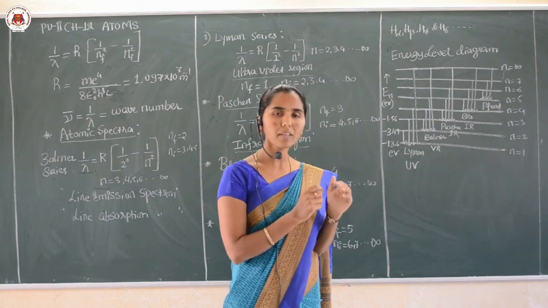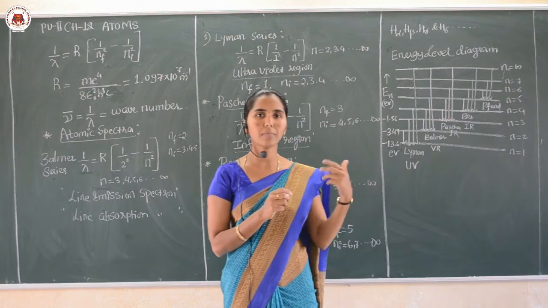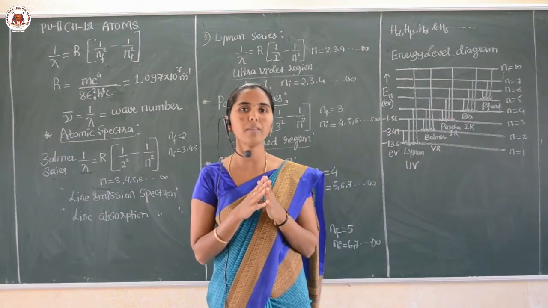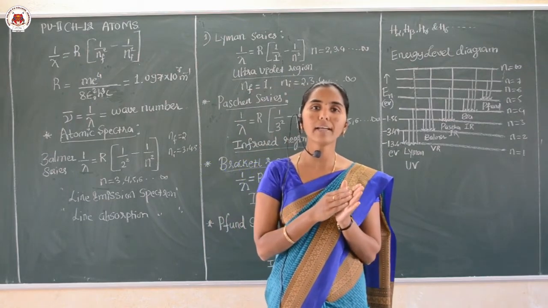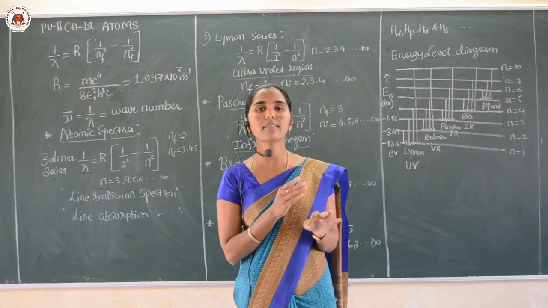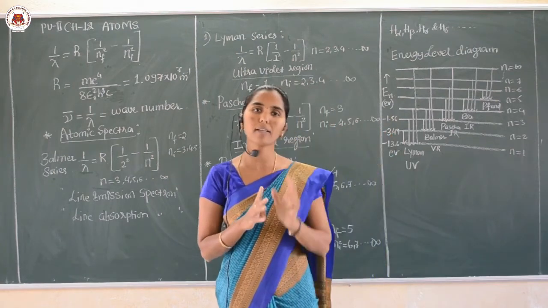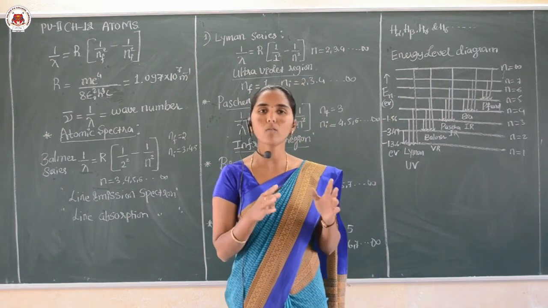for the respective orbit. Am I clear? And see dear student, sometimes on this concept a numerical question may come, where the question may be to calculate the longest frequency and the shortest frequency of the respective spectral series. They may give the Brackett or the Balmer or the Lyman, whatever.